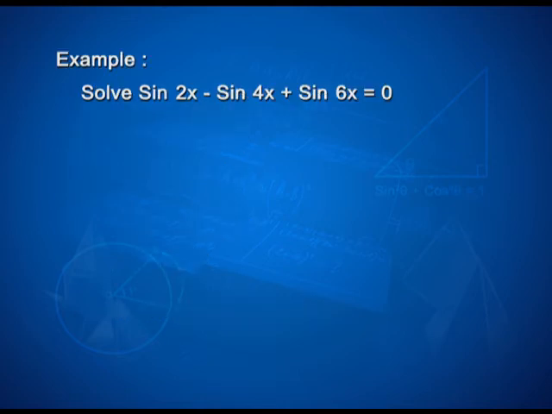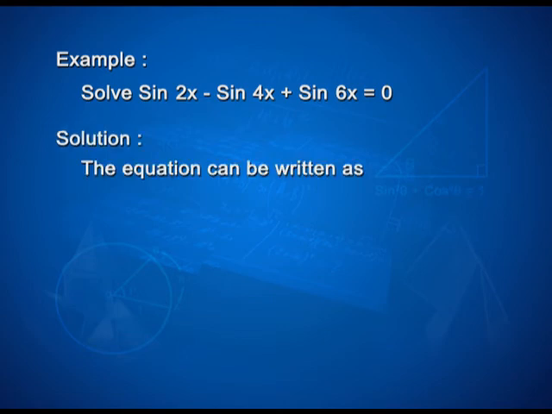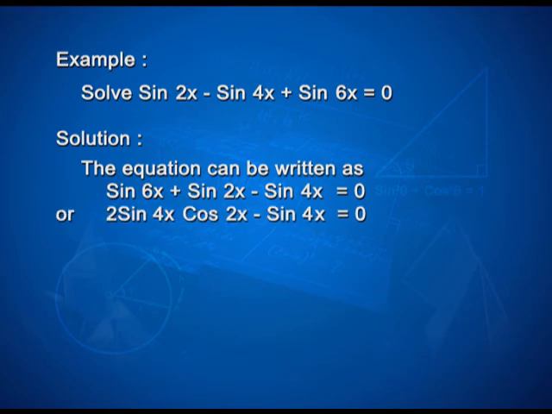One more interesting trigonometric equation: sin 2x minus sin 4x plus sin 6x is equal to 0. The equation can be written as sin 6x plus sin 2x minus sin 4x is equal to 0, or 2 sin 4x cos 2x minus sin 4x is equal to 0. That is sin 4x into 2 cos 2x minus 1 is equal to 0.